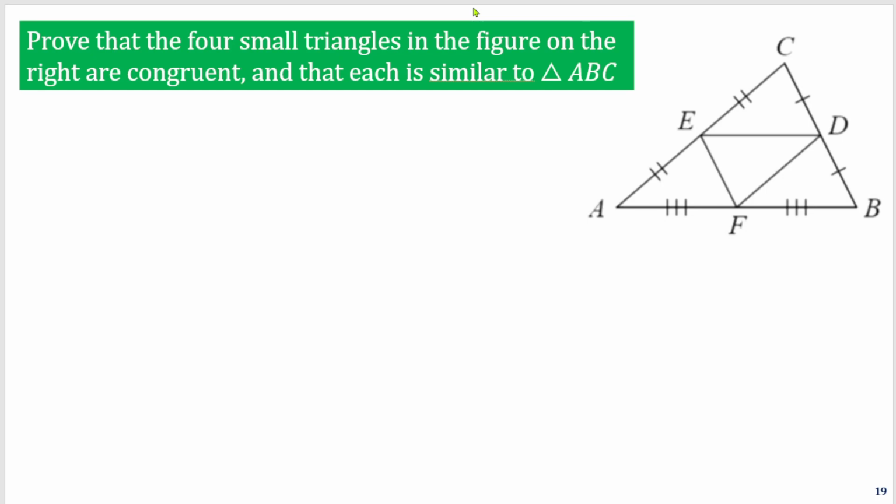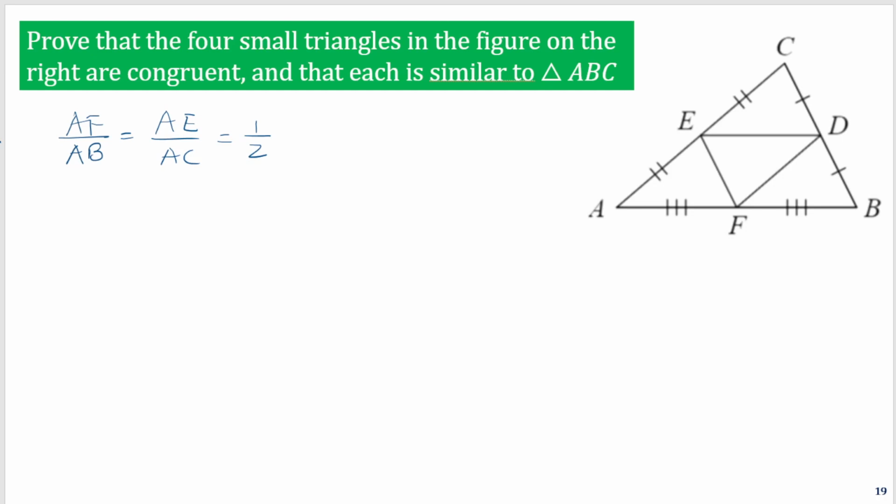Otherwise, if you don't need that, you don't have to prove ED is actually parallel to AB. For example, if you know AF over AB equals AE over AC is 1 over 2, right?